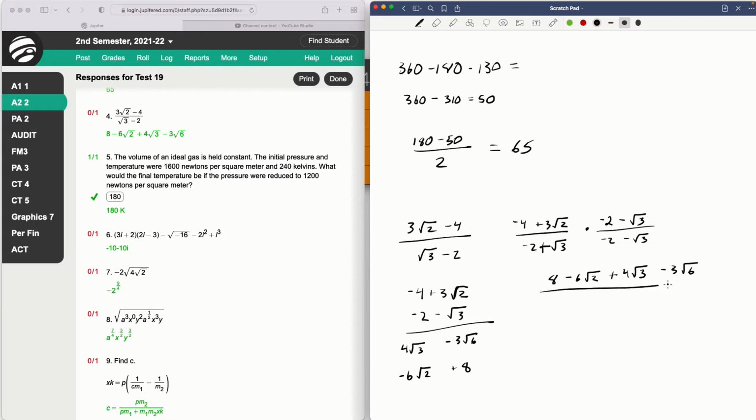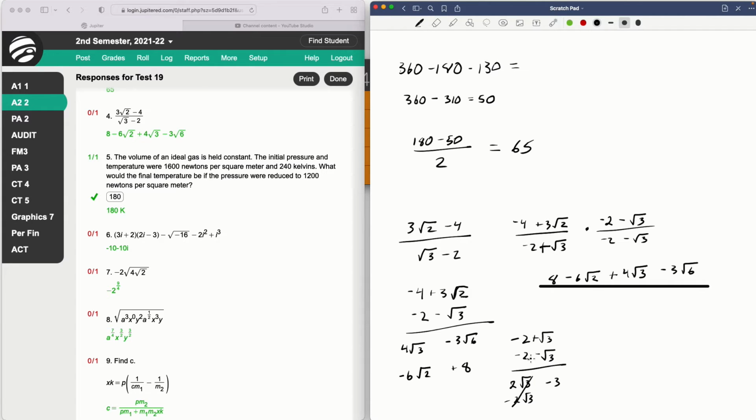So there's our numerator. So now I'm going to do our denominator. So the denominator is negative 2 plus square root of 3 times negative 2 minus square root of 3. That's going to be negative 3. And then I have a 2 times the square root of 3 positive, negative 2 times the square root of 3.